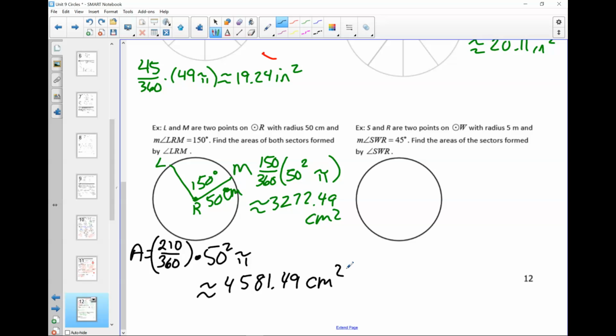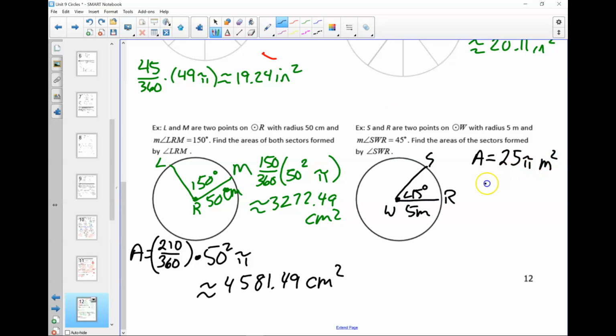Okay, second example. S and R are 2 points on circle W with a radius of 5 meters, and the measurement of angle SWR is 45 degrees. So, the area of the whole circle is 25 pi meters squared.